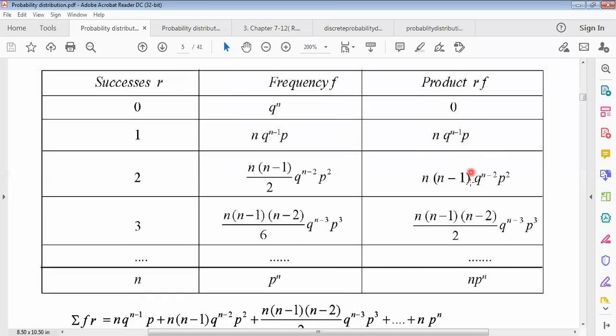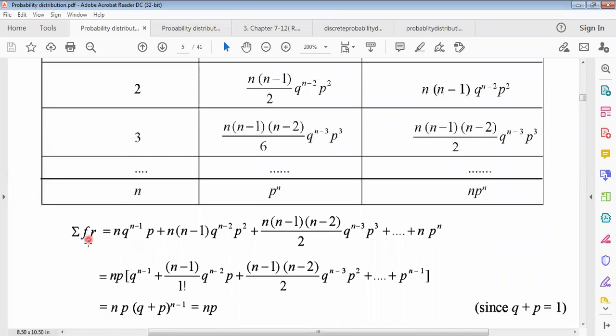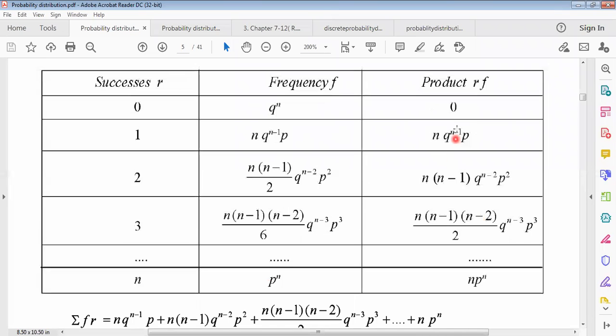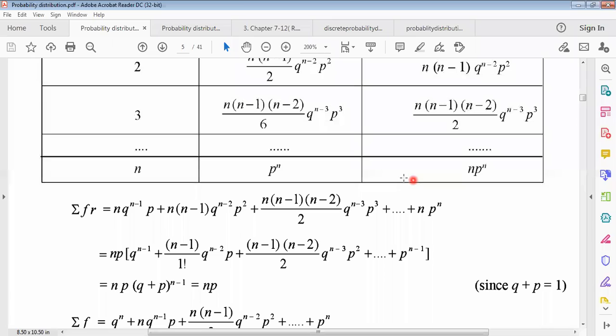Now if we take the summation, the sum of these from r equals 0 to n, then summation fr will be the first 0 plus this plus this plus this plus up to the last term.